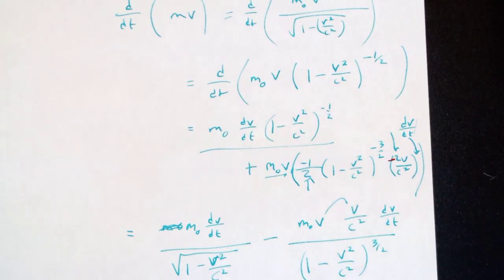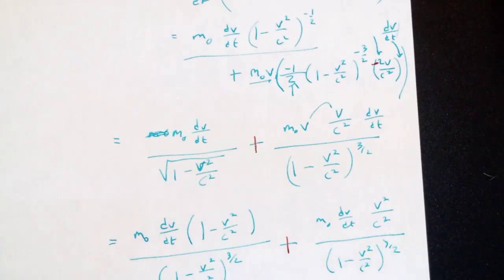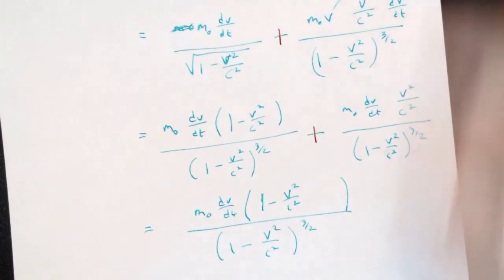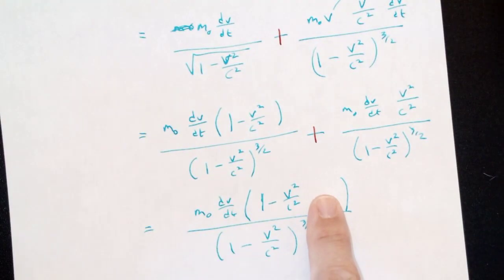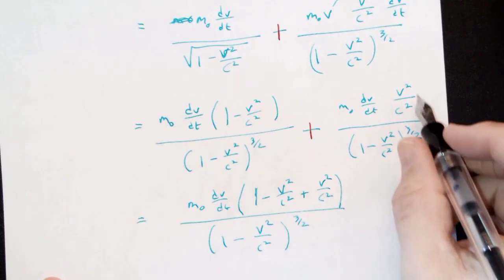And if that's a minus sign, what happens here? That becomes a plus. And that becomes a plus. And that means right here, it's plus v squared over c squared.